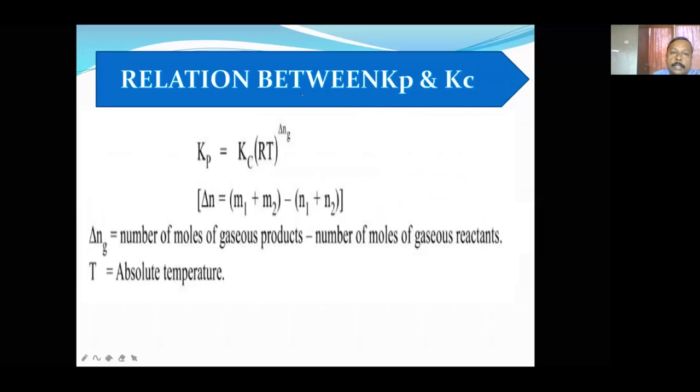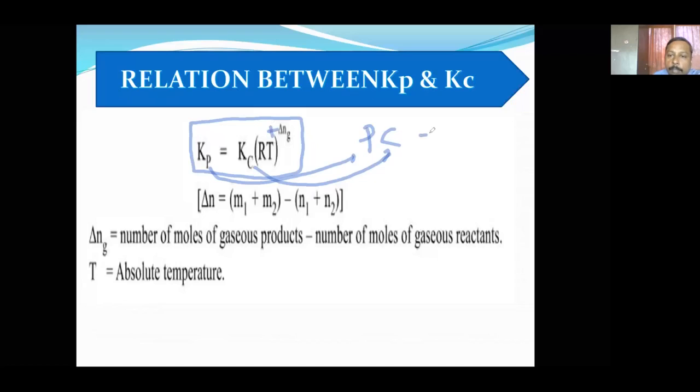Next, relation between Kp and Kc. This is a memory technique: Priyanka Chopra. P stands for Priyanka, C stands for Chopra, and here it is plus. PC positive. Otherwise, you can remember it as personal computer positive.